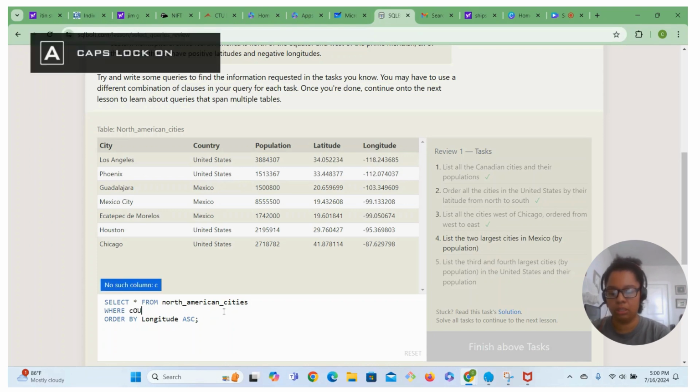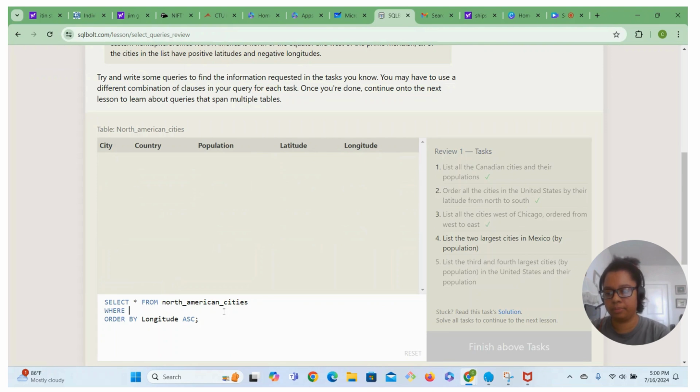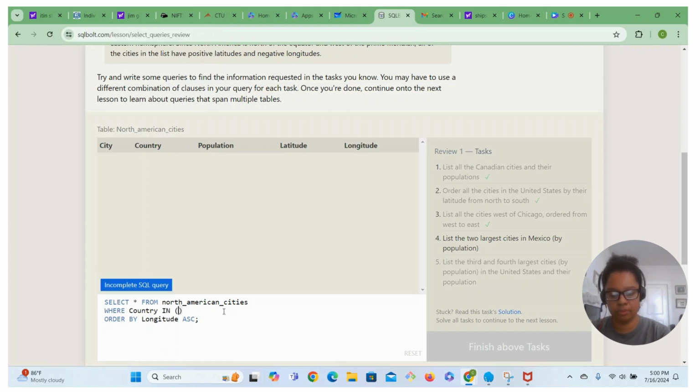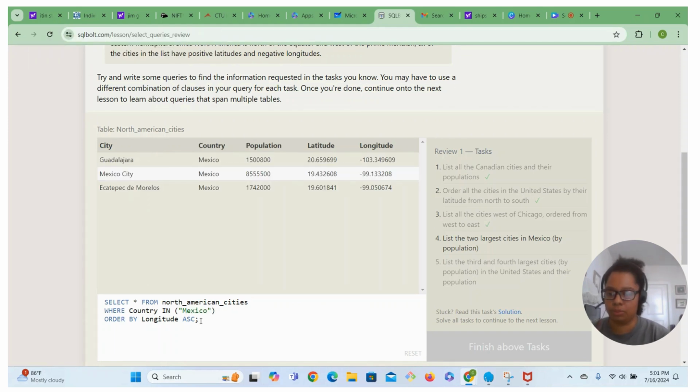So country Mexico. And then, of course, we have to give it an order. So we're going to say order by population in descending order.